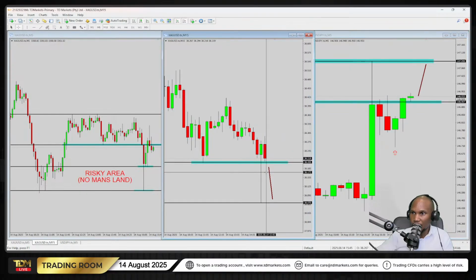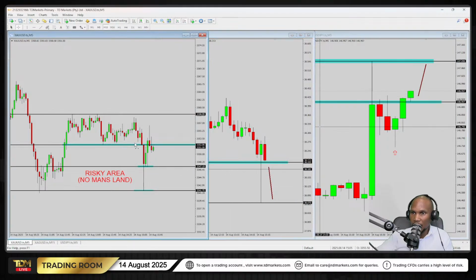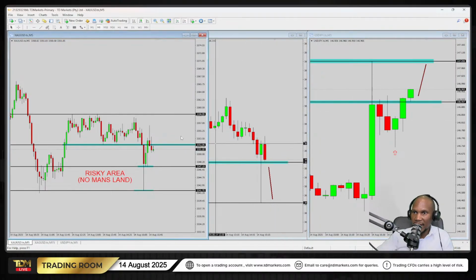Silver, should price break below this, we're looking at this possibility. Gold still has to go a little bit lower, all right? So there's the current situation.